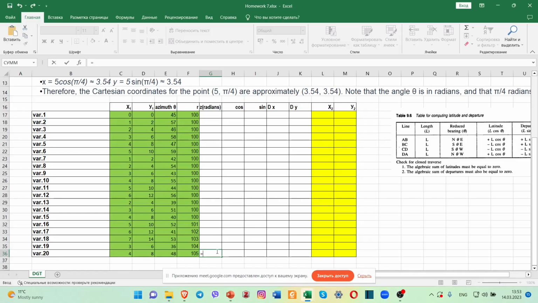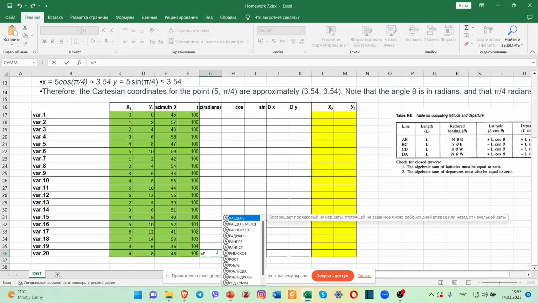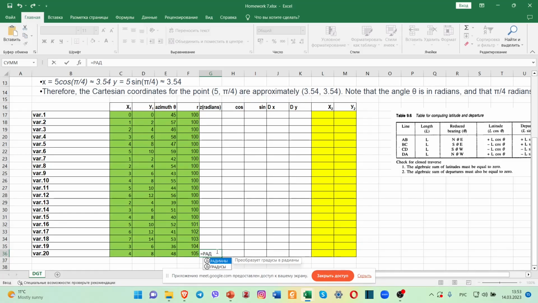Sorry, my Excel has a Russian interface, so I need to put equations in Russian. Radians of azimuth, enter. So the first step is calculating the value of the azimuth angle in radians.